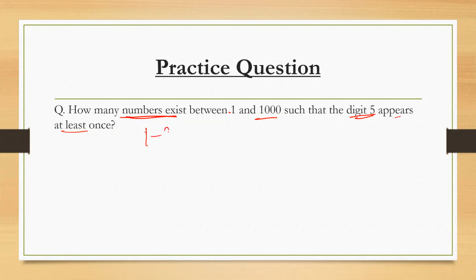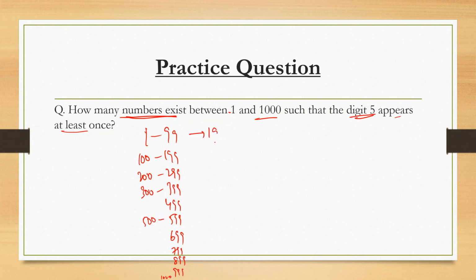That is 1 to 99, 100 to 199, 200 to 299, 300 to 399, 499, 599, 699, 799, 899, 999, and then 1000. Right. So here again, how many such numbers are there? It is actually 19. Okay. Here again 19, 19, 19, 19.